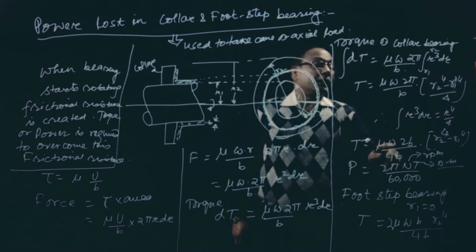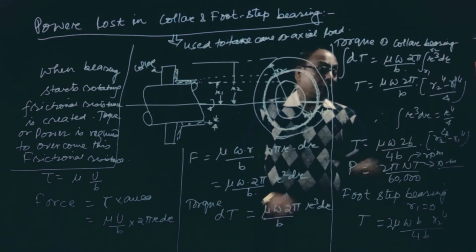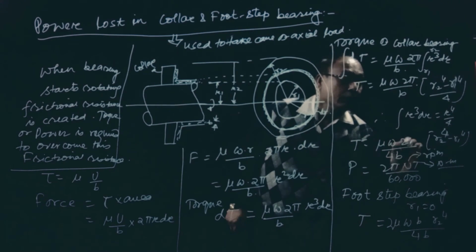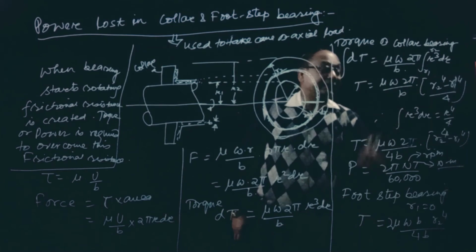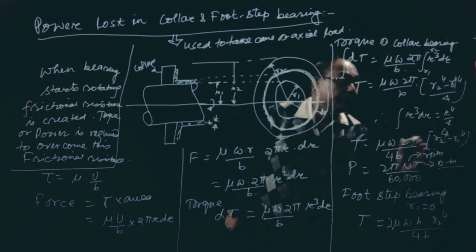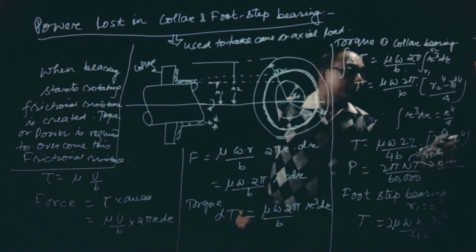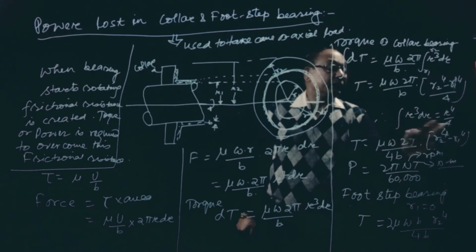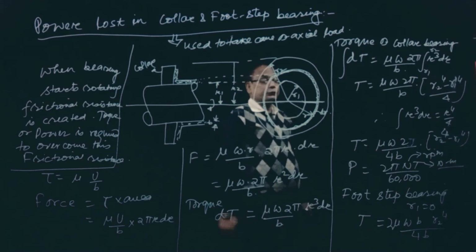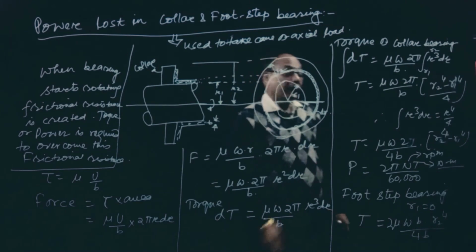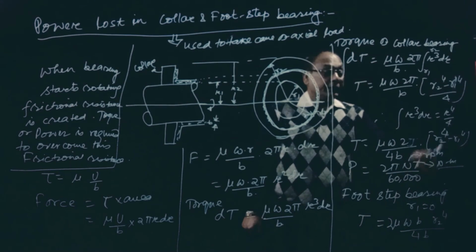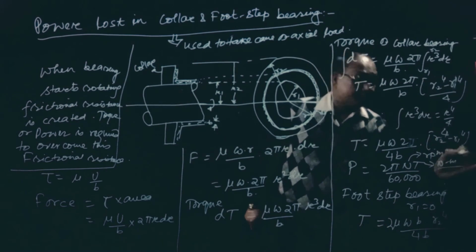mu omega 2 pi, because this pi is coming. So this will have the equation r2 to the power 4 minus r1 to the power 4 by 4b. Now how to find out the power loss? That is 2 pi NT divided by 60,000. And remember that in footstep bearing, r1 becomes 0.